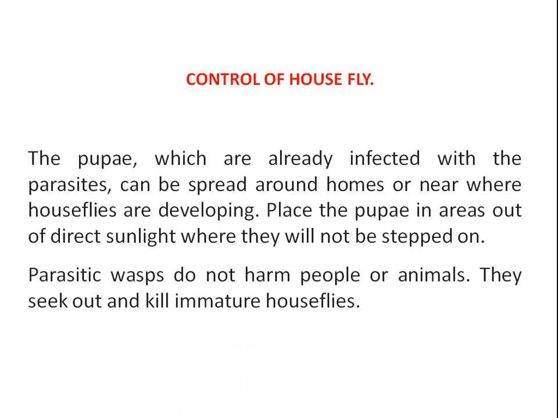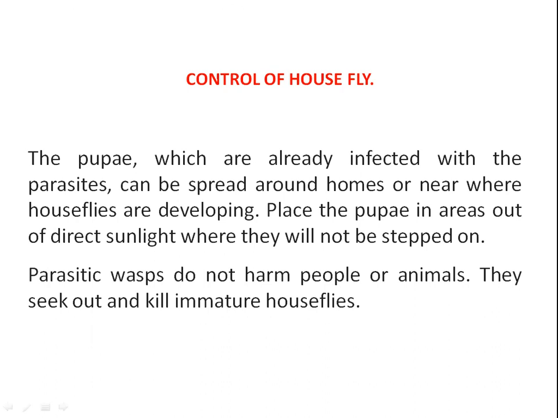The pupae which are already infected with the parasites can be spread around the homes or near where the houseflies are developing. Place the pupae in areas out of direct sunlight where they will not be stepped on.